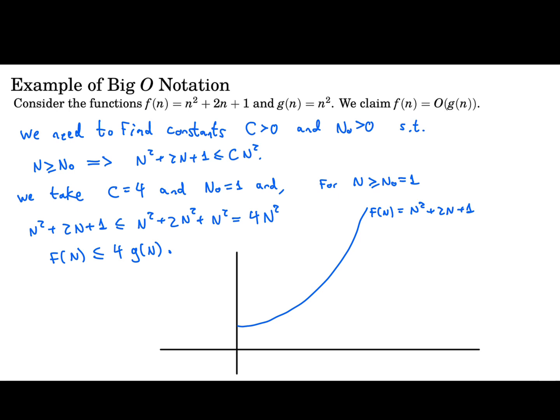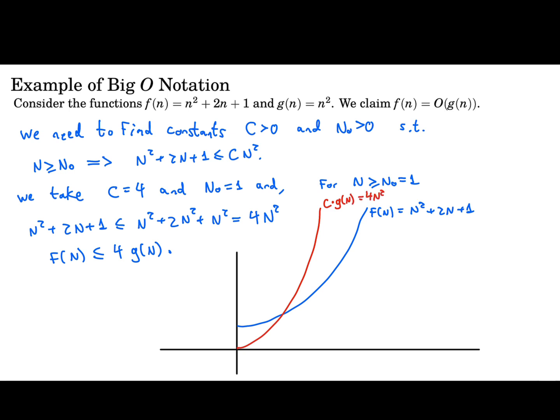Oh, let me improve the drawing here. It's going to be our parabola g of n equal to 4n squared. So this would actually be the constant times g of n, equal to 4n squared.